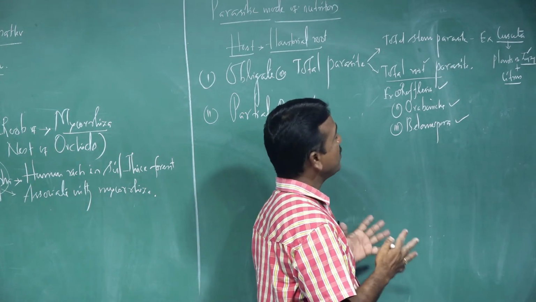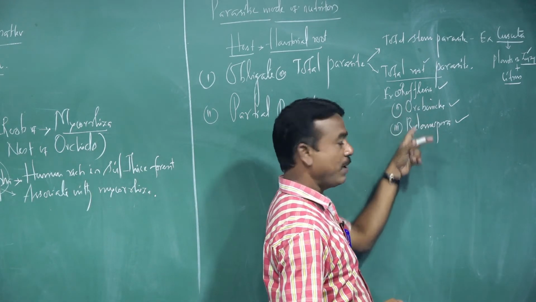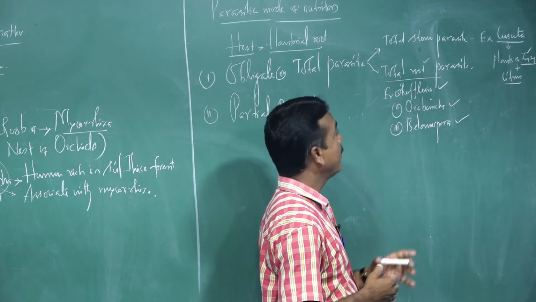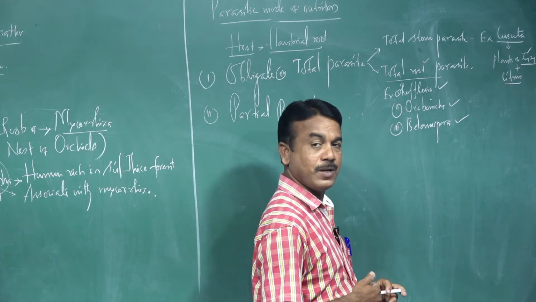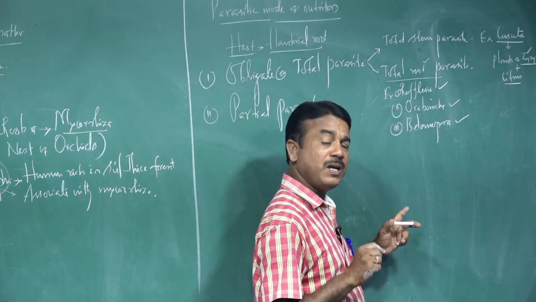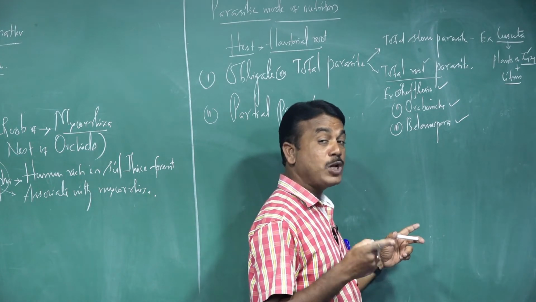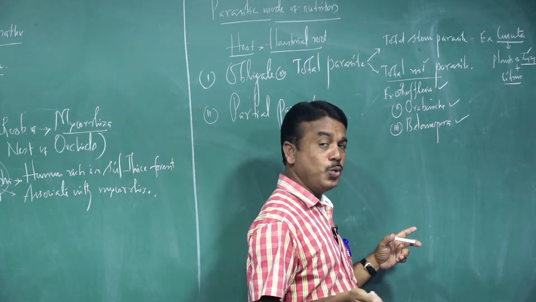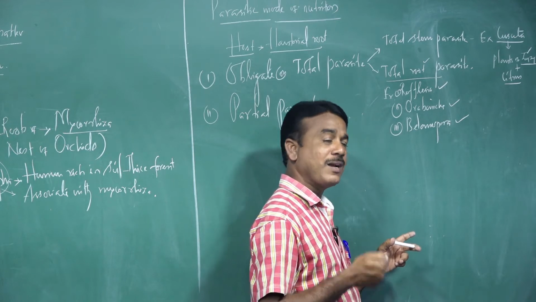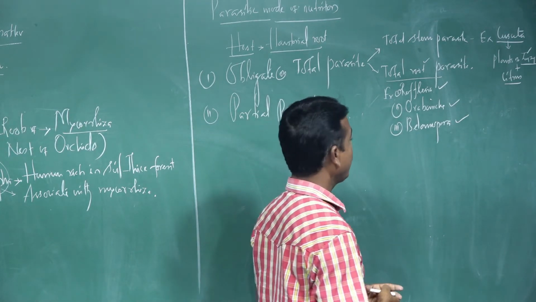What are the characteristic features of a total root parasite? These plants do not have erect stems like total stem parasites. Such parasites occur only on the roots of the host. They produce haustoria, and using haustoria inside the root, they obtain water and mineral salts. That is commonly called a total root parasite.